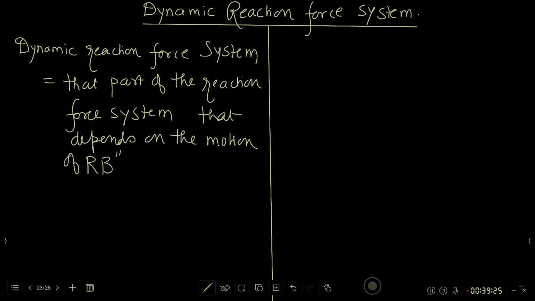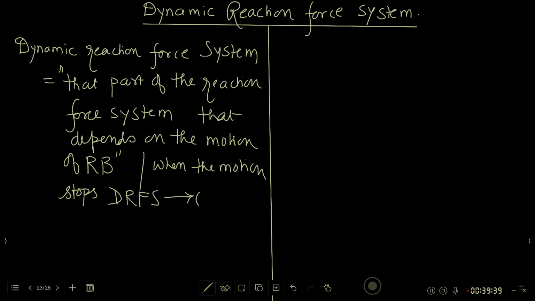When the motion stops, the dynamic reaction force system will go to zero. Dynamic reaction force system. Let's use this acronym DRFS. This is the definition of DRFS.